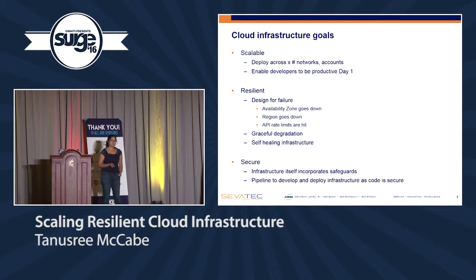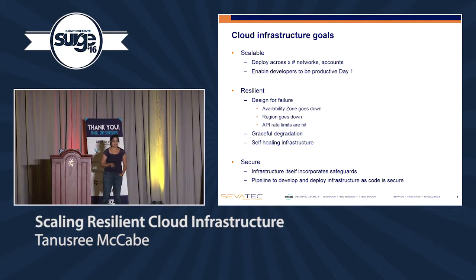If your developers can't do their job in a cloud environment, then in my perspective, that cloud environment has not done its job. Your developers need to be productive. So when you think about scaling infrastructure, scaling these servers and things like that, a tangible example of this is servers in the cloud, their IP addresses change, right? Well, if your developers aren't used to that, then that may be a problem.